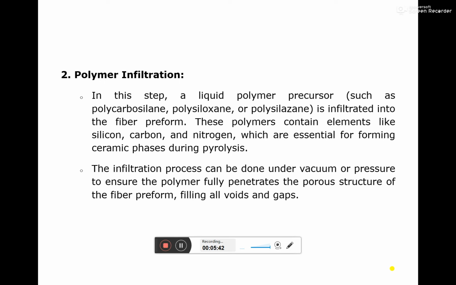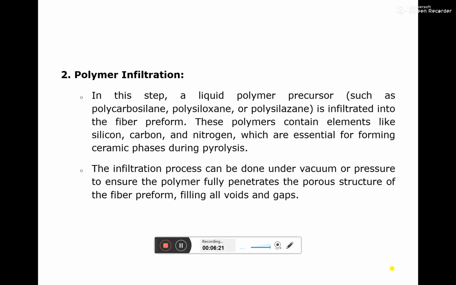The mostly used polymer precursor materials are polycarbosilane or polysiloxane. For example, I am choosing polycarbosilane, so I have to infiltrate this polycarbosilane over the preform.